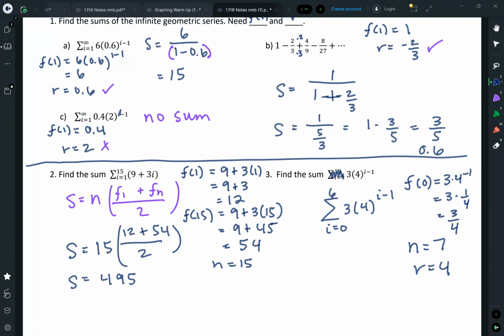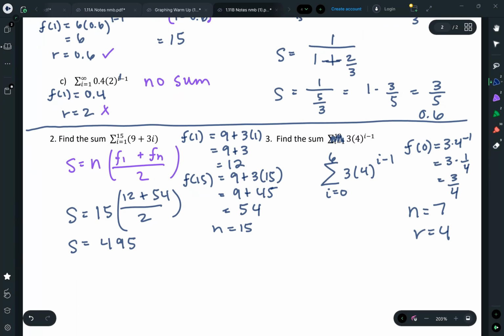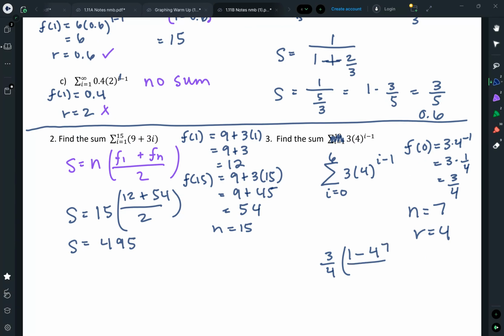And then that was enough information. I don't think we actually got a number out of this, but we could really quick though. So 3/4 times 1 minus 4 to the 7th power, over 1 minus 4. I'm going to have to do this really quickly on my calculator. I'm definitely worried about the number of terms, because I think that can be one of those things that we miss.